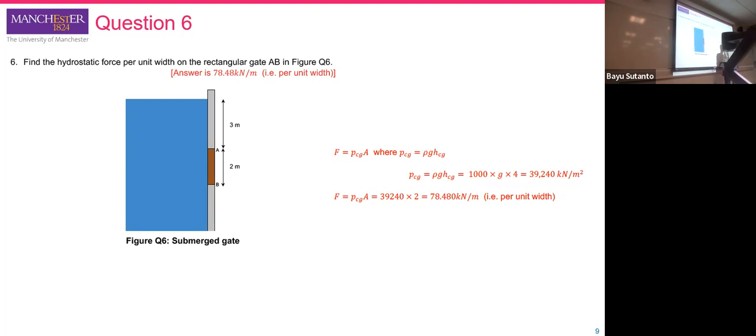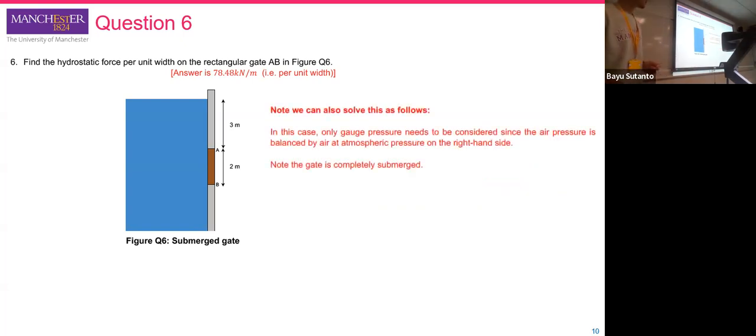So we have 39.24 kilonewton per square meter, or kilopascal. And the area itself is 2 meters per width. So we have 80 kilonewton per meter.